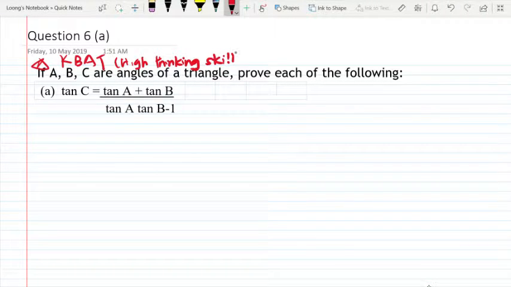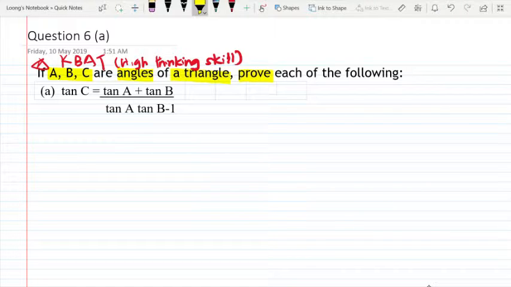And it was quite hard, as well as it can be very tricky. So here, something that we need to highlight is a triangle. A, B, C are angles of a triangle, and we need to prove them.